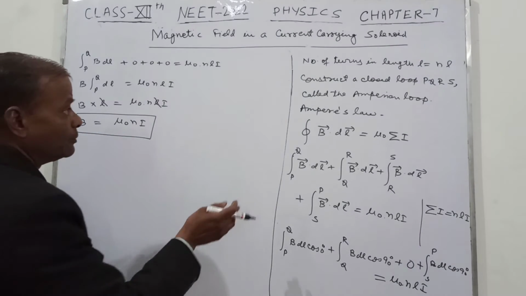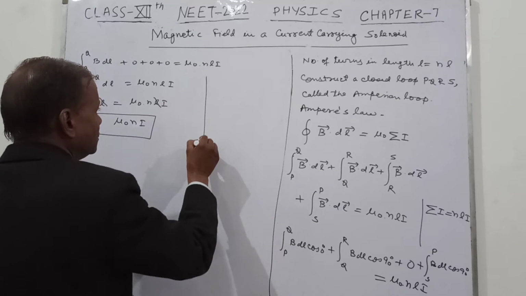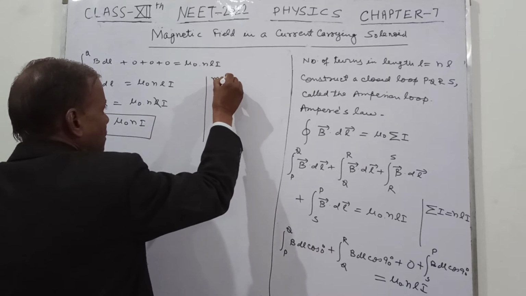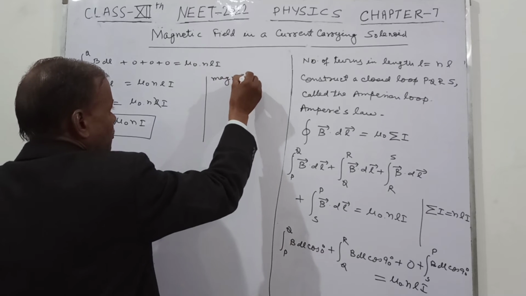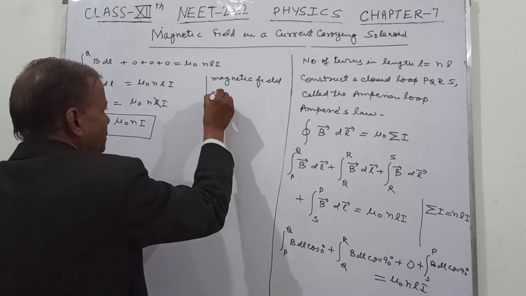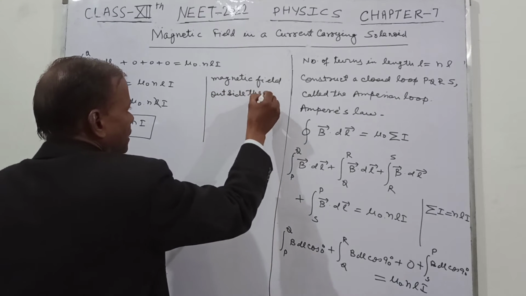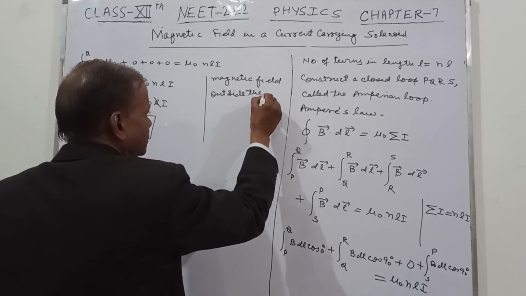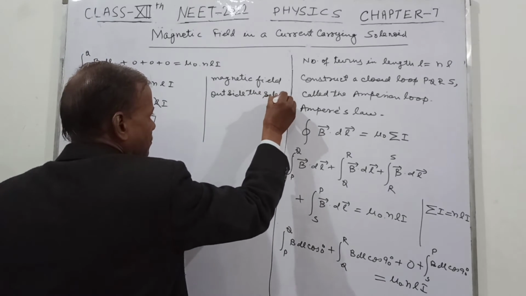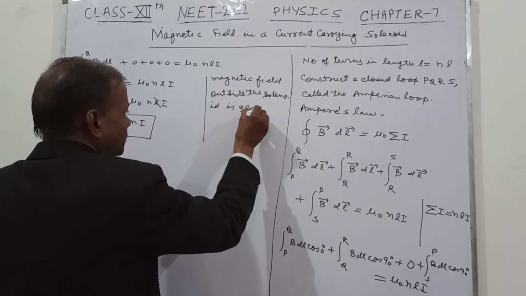So now magnetic field outside the solenoid is 0.